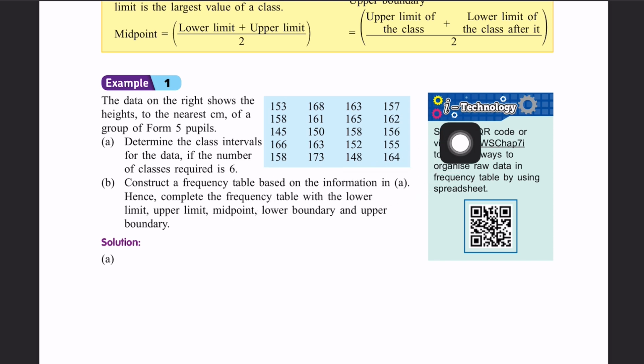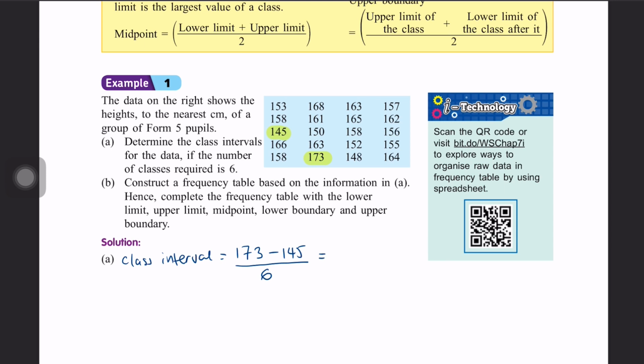So we must first find from our data the highest value. The highest value we have is 173. The lowest value is 145. So how do we find the class interval? The class interval equals the largest value, 173, minus the lowest value, 145. In this question they already say they want 6 classes, so we divide by 6.